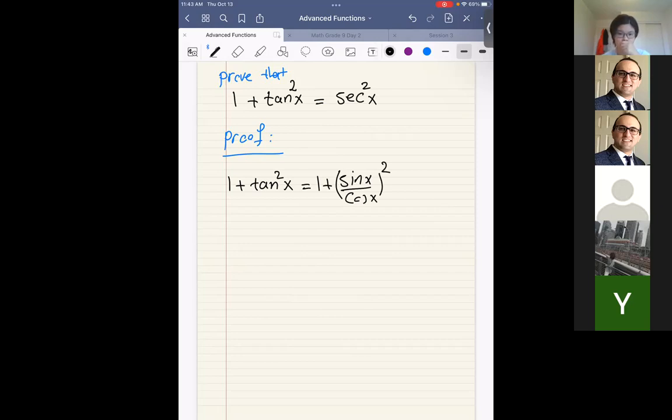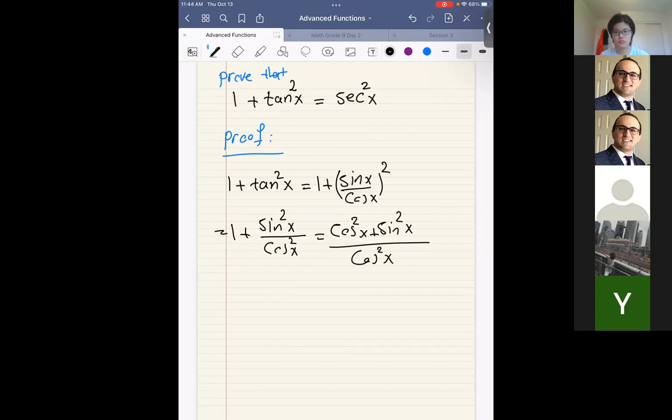So this is equal to 1 plus sine square of x divided by cosine square of x. Now you have two fractions. If you want to add them, it's equal to cosine square of x plus sine square of x divided by cosine square of x, right? So what is the numerator?